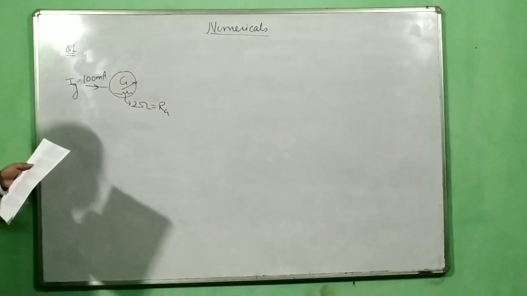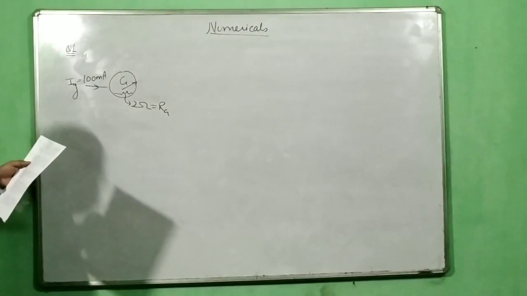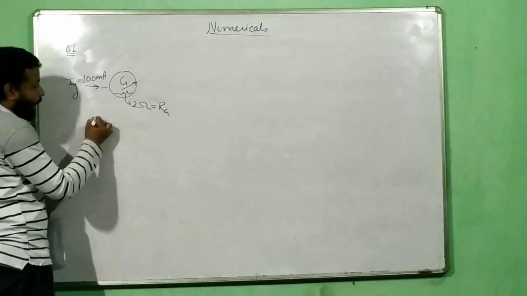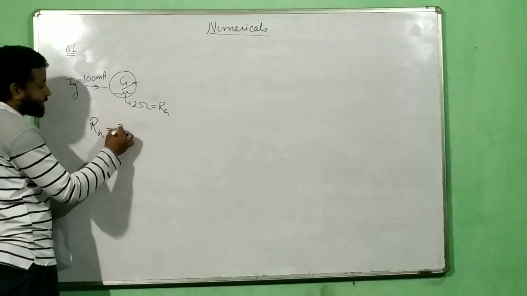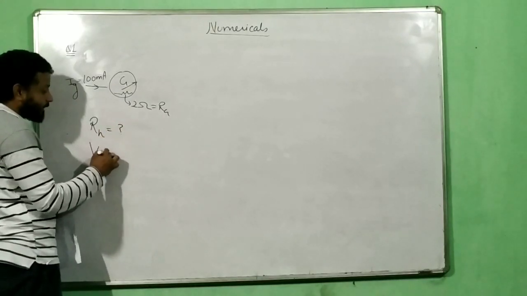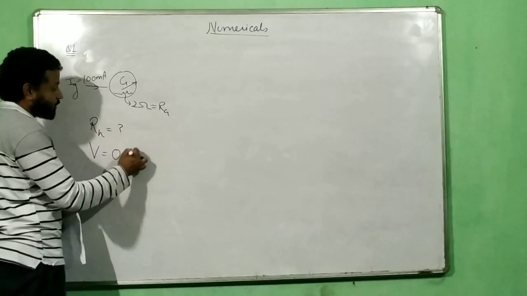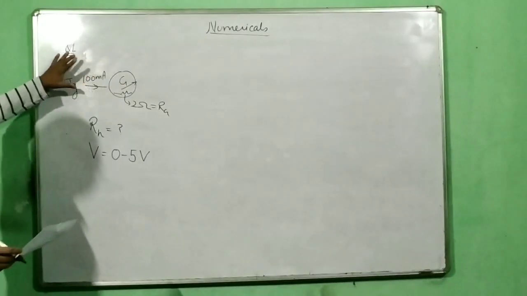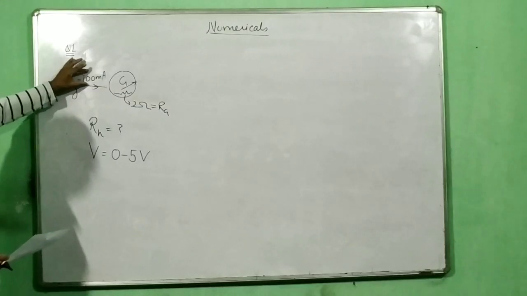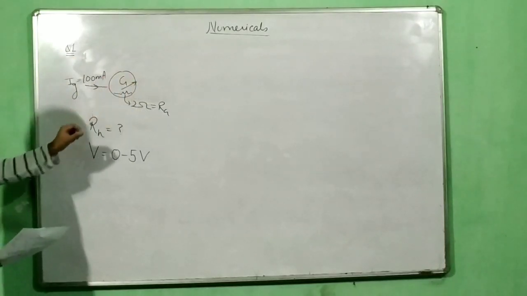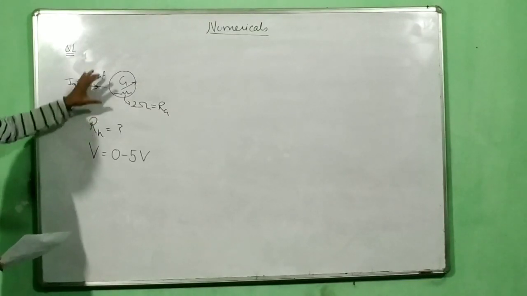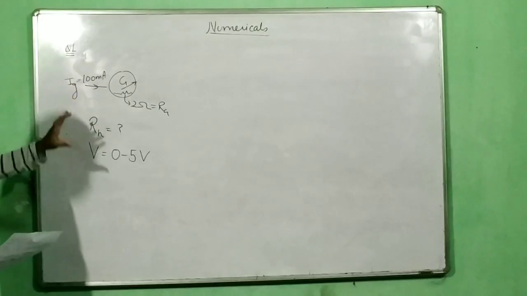The resistance connected with the galvanometer to convert it into voltmeter to measure 5 volt is. So the question is how much I have to connect so that I can measure a voltage up to 5 volt. They will first specify the safe current of the galvanometer and the internal resistance of the galvanometer, and then they will ask you the value of resistance which you have to connect in the galvanometer so that it gets converted into a voltmeter.